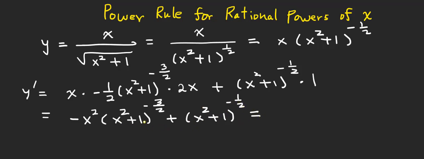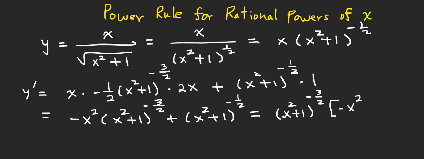Now, what is the greatest common factor here? Well, these two look the same, and which one is smaller, negative 3 over 2 or negative 1 over 2? Negative 3 over 2 is smaller. So we're going to take out the quantity x squared plus 1 to the negative 3 over 2. And what's left over here? You get negative x squared.